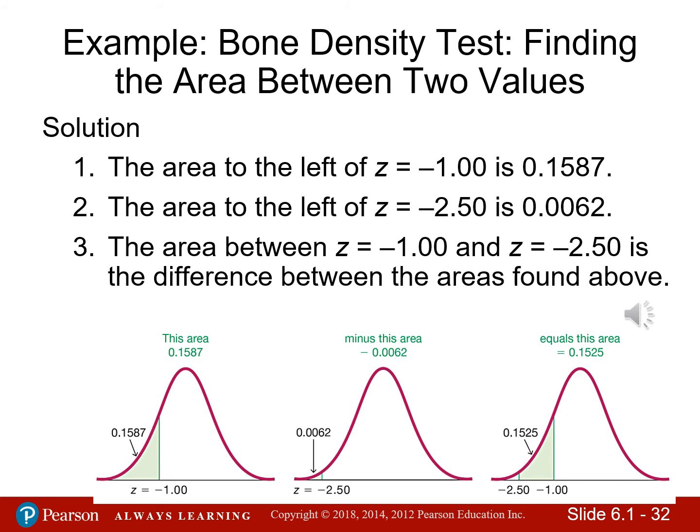So we can say that the probability of -2.5 is less than z is less than -1 is equal to 0.1587 minus 0.0062, which is equal to 0.1525.